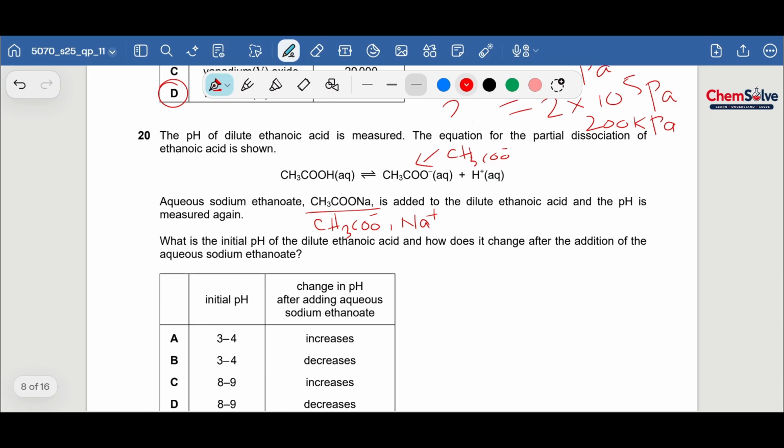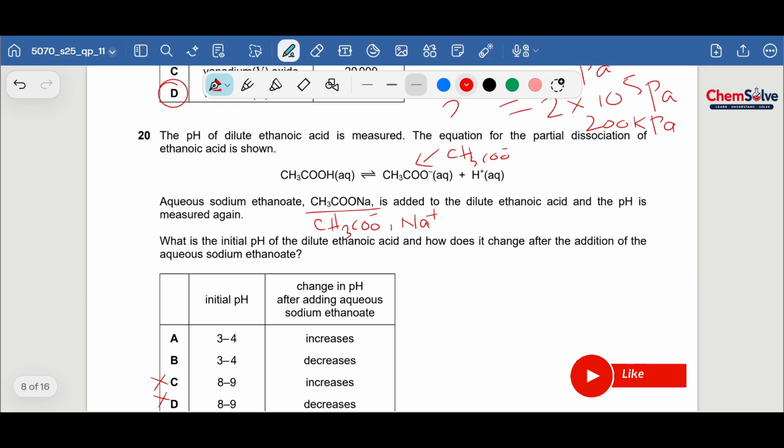What is the initial pH of the dilute ethanoic acid, and how does it change after the addition of aqueous sodium ethanoate? Let's talk about the initial pH of the weak acid. Ethanoic acid is a weak acid, and acids have a pH less than 7. So options C and D are incorrect. We have to choose between options A and B.